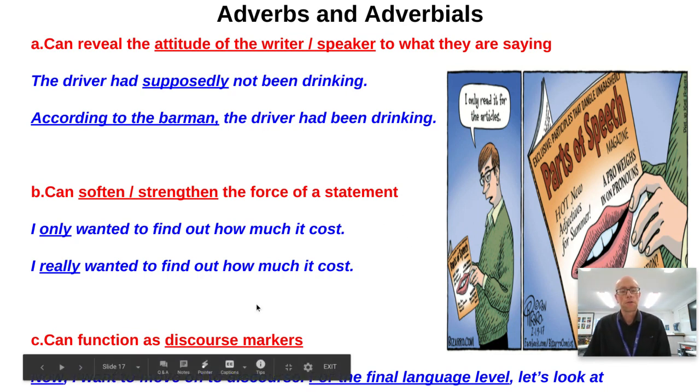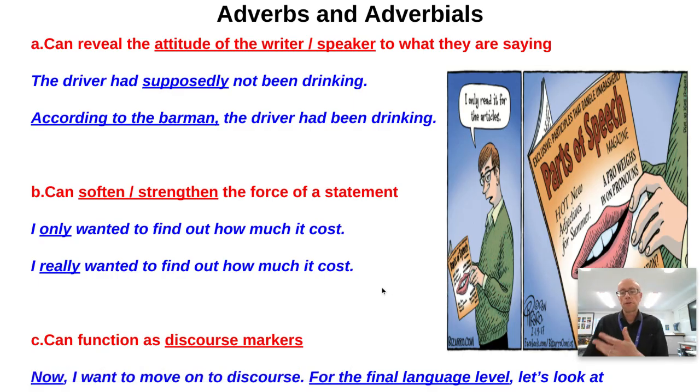And then finally, you've got these adverbs which function as discourse markers. In everyday speech, obviously, we can't see where we're moving from one topic to another in the way that you would in printed text, where you'd see the beginning of a paragraph. So you signal moving on to a new topic by using discourse markers. So, now I want to move on to discourse.